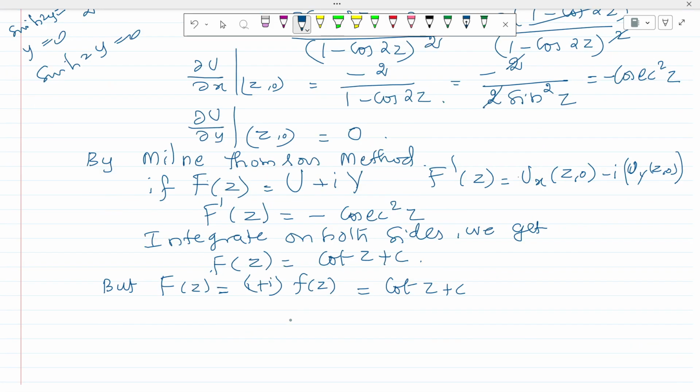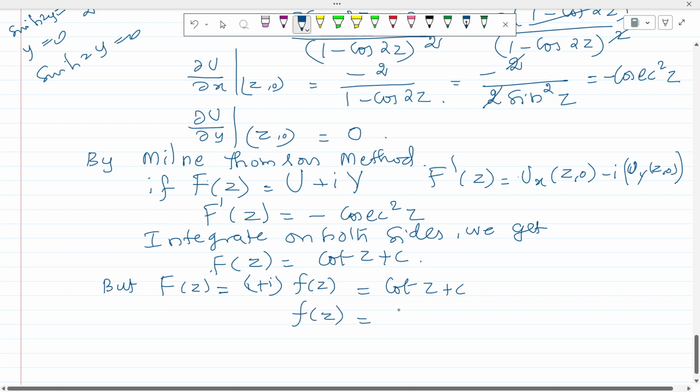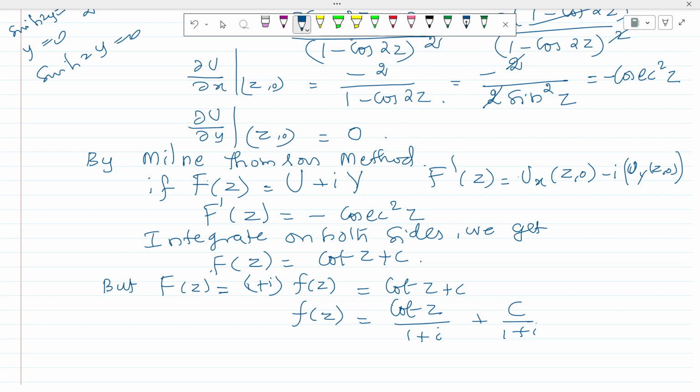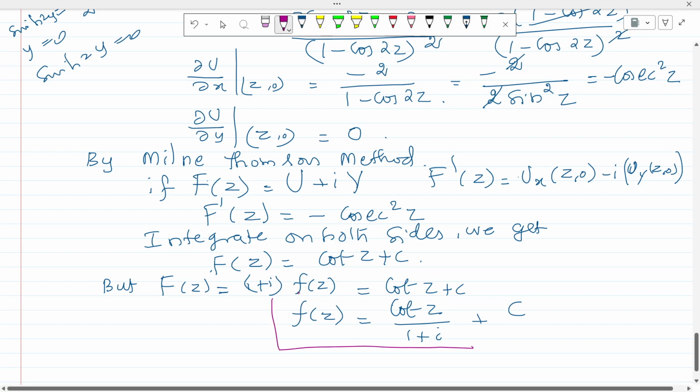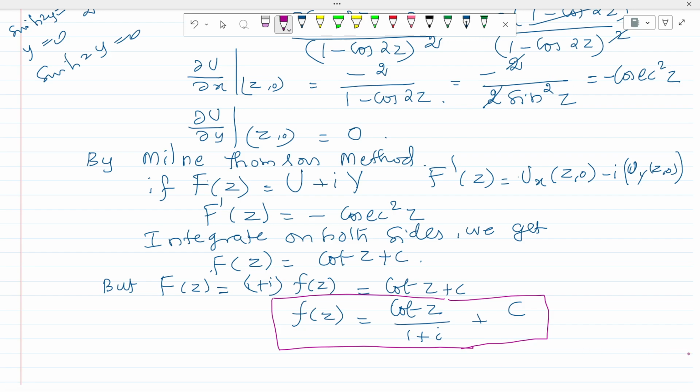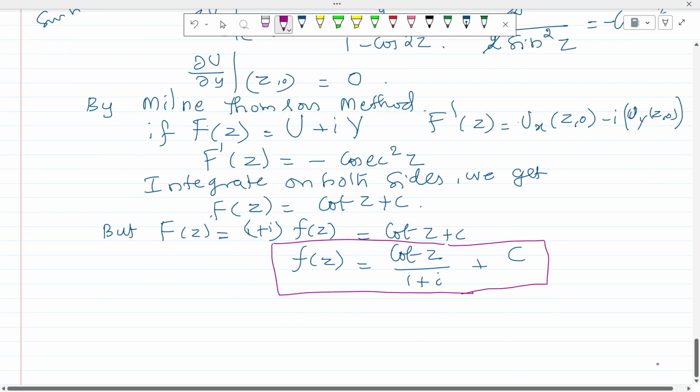But we need only the analytic function f of z, that is cot z divided by 1 plus i plus c by 1 plus i, but it is a constant now. Therefore simply we can write, no need to write that 1 plus i here. Therefore f of z equals cot z by 1 plus i plus c. Okay, fine.